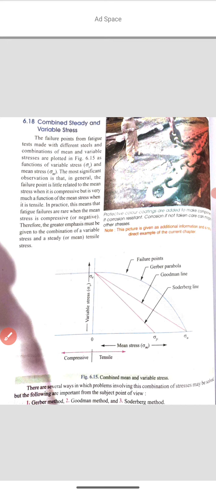So the Soderbergh line gives you the safest design for combined loading or combined stress.